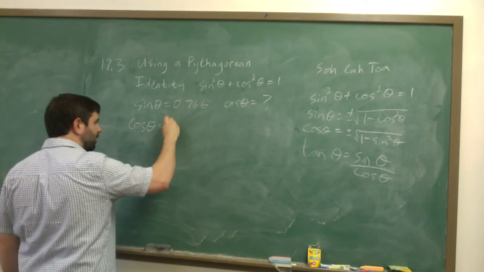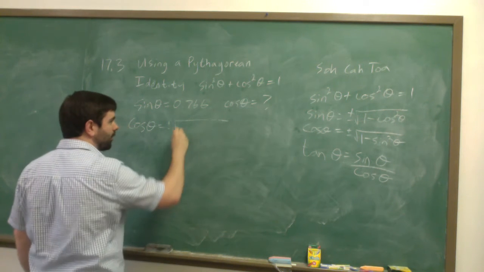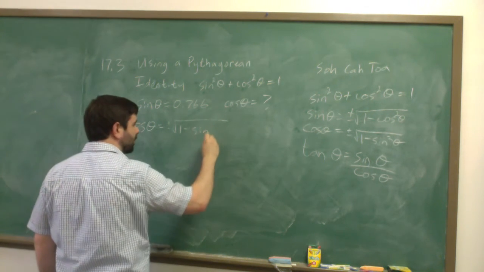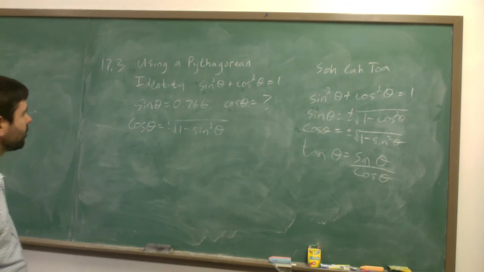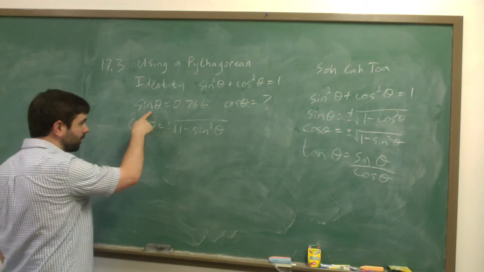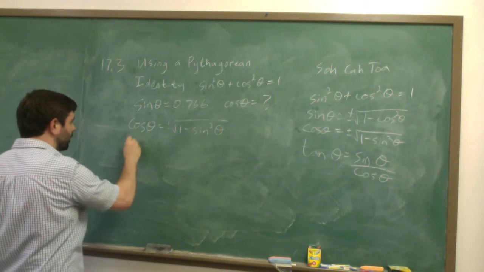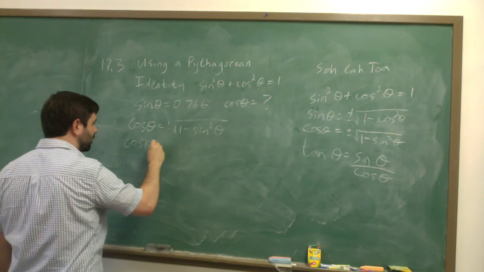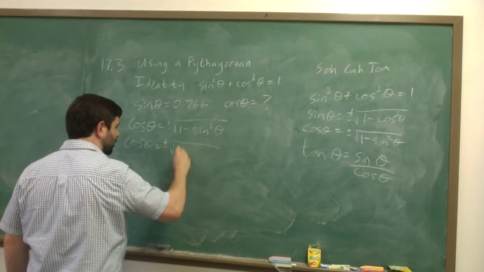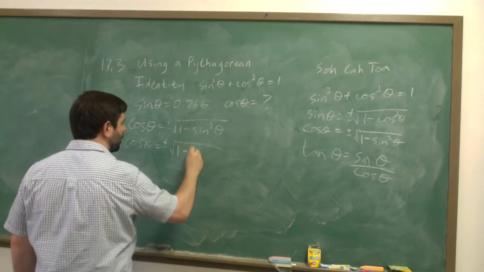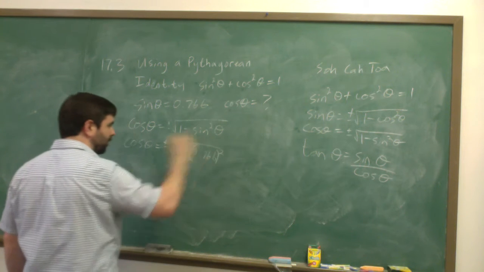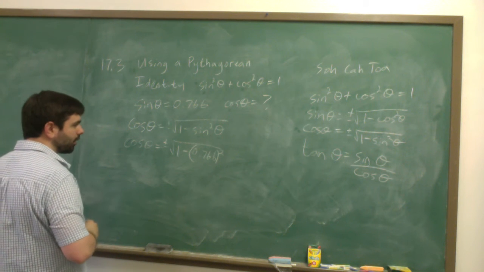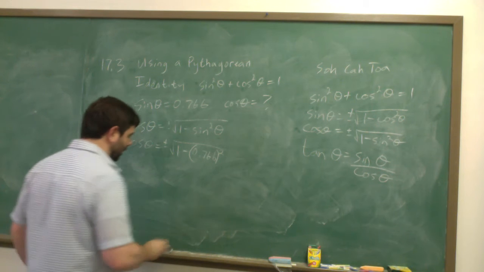Cosine of theta equals plus or minus the square root of 1 minus sine squared theta. Well, we know what the sine of theta is, so we can just plug it in, and then we have to square it because this is sine squared theta. And we can use a calculator.